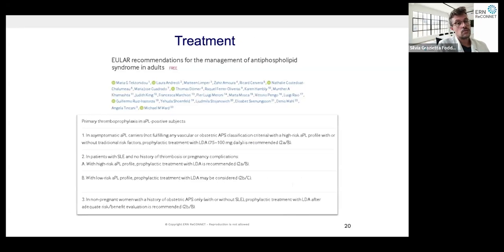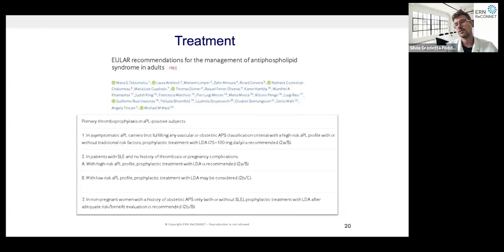Also in asymptomatic APL carriers, this can help reduce the risk of developing a clinical manifestation in the long term. This is fundamental because we already know that these patients have a high risk of developing thrombotic events, so they should be treated and managed correctly for cardiovascular risk factors.